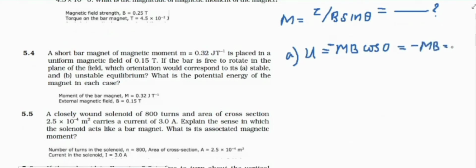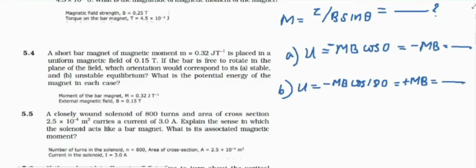At stable equilibrium, potential energy is negative. And in case B, U is equal to minus MB cos 180, as they are anti-parallel. Cos 180 is minus 1, so you will get plus MB. Substituting the values, you get the answer.